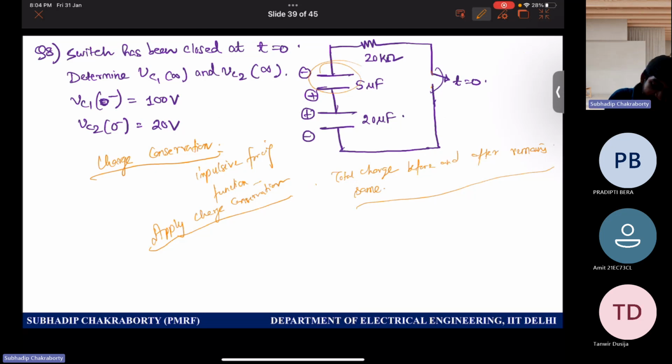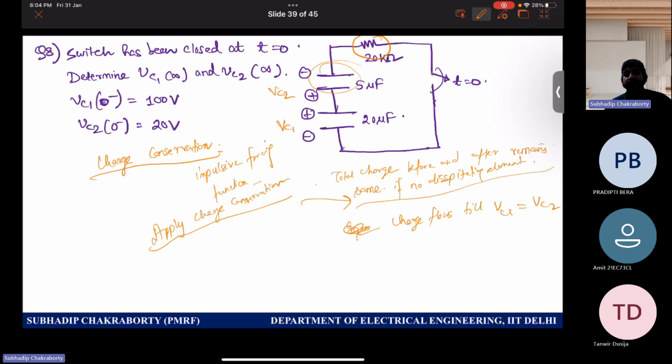But here there is a dissipating element. If no dissipating element, then you can apply charge conservation. But here there is a dissipating element. So what you can do is equate charge flows till VC1 equals VC2.